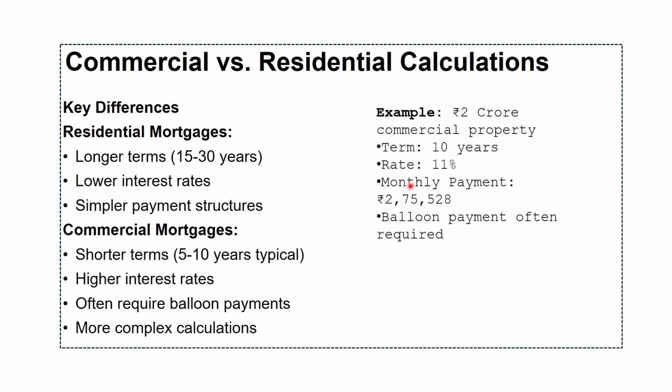And sometimes in this situation, a balloon payment is often required, especially at the maturity of the loan. So, in lecture 12, earlier we introduced the commercial metrics like DSCR. Here we are trying to highlight the calculation differences. Okay.